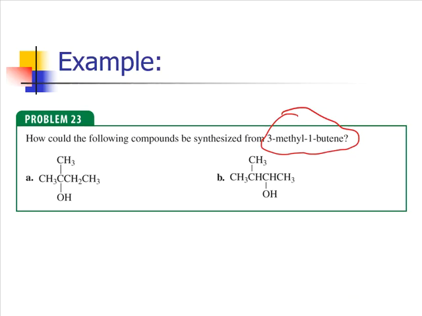All right. I also want to go back and take a look at this problem that we just did. I don't know if I made a mistake. I might have done the same question twice. I don't really know. But I'm going to go back and take a look at A. And if you look at A, notice this OH group has been shifted. And I can't remember what we just did.